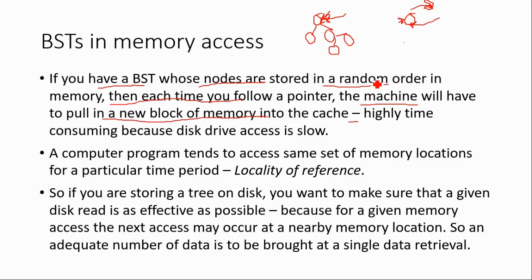Now a particular node of the tree can hold either one memory address or quite a small amount of data. So each time we want data from the secondary memory, we have to again and again access the secondary memory.